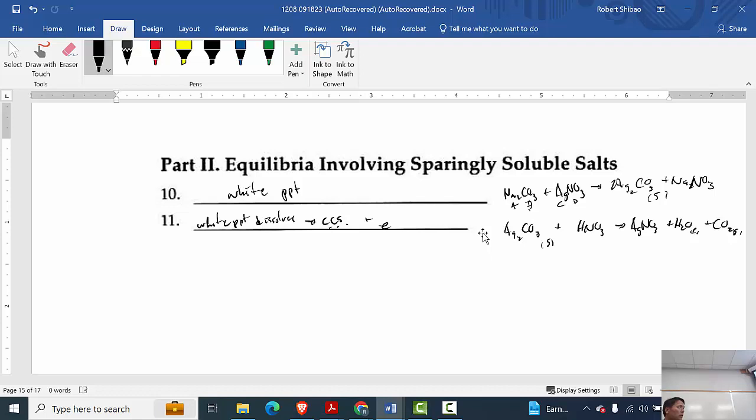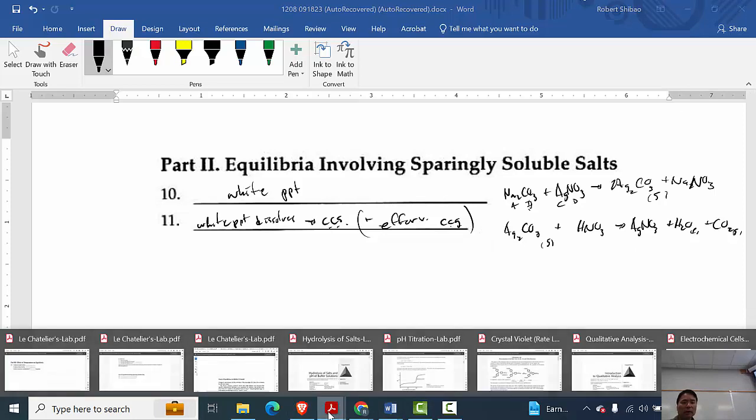Plus, I don't know if you saw this, but you should have effervescence with a CCG, a clear colorless gas, which is CO2. Did you see gas bubbles? No? Yeah, it depends on how much forms. So you may or may not have seen this. All right, that's 11. Let's move on.